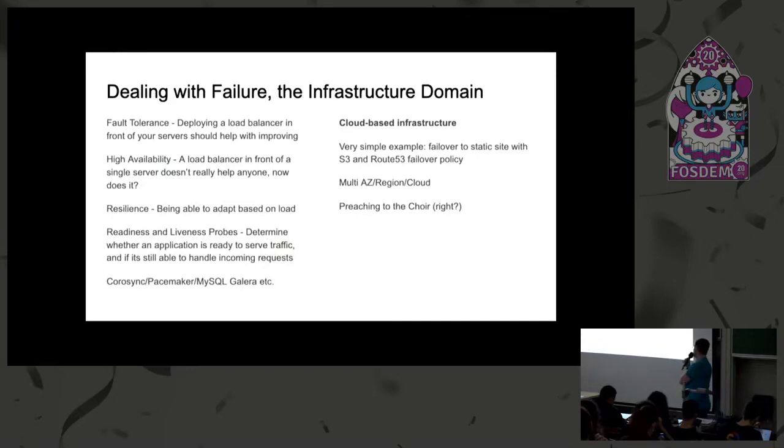Multi-AZ region in cloud, so you can design for failure. I'll talk a little bit more about it in a minute, but basically it depends on how much money you want to spend for how much failure you can account for. So I always tell people to not overdo this. If you're Netflix, it's really cool that you can have a whole region go out and nobody has to wake up.